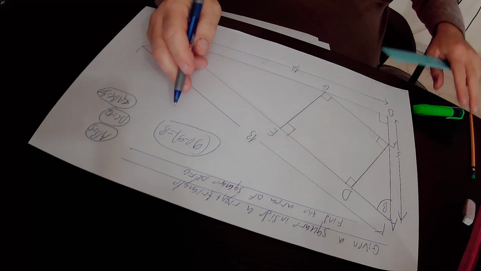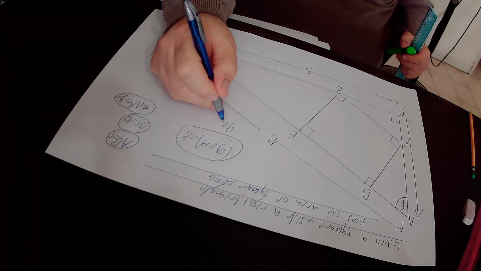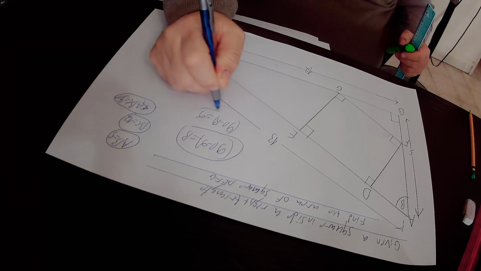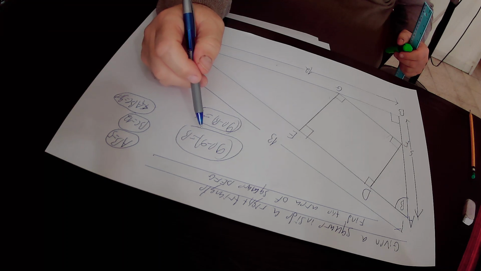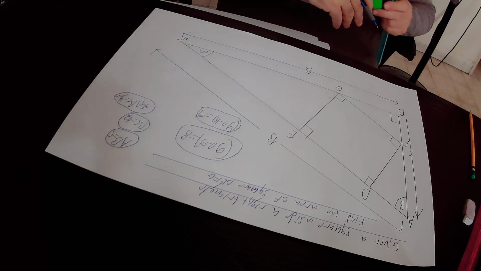If 90 degrees minus alpha equals beta, it means that 90 degrees minus beta equals alpha. If you just add alpha and subtract beta from this equation, we get that 90 degrees minus beta equals alpha.